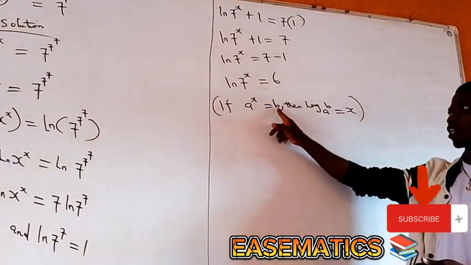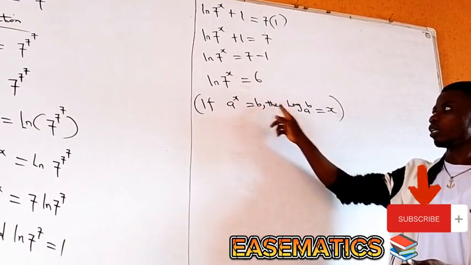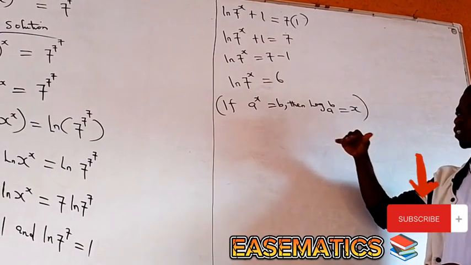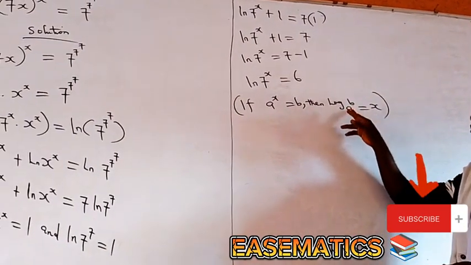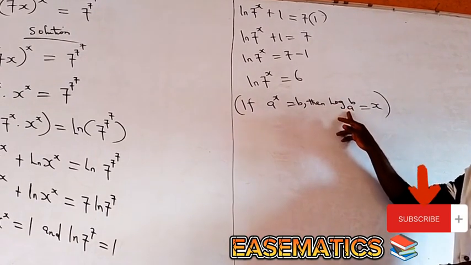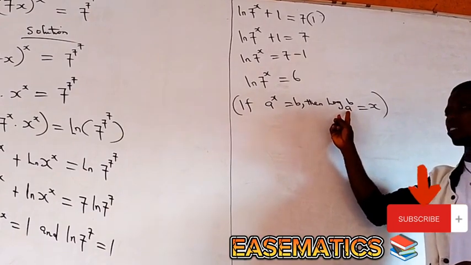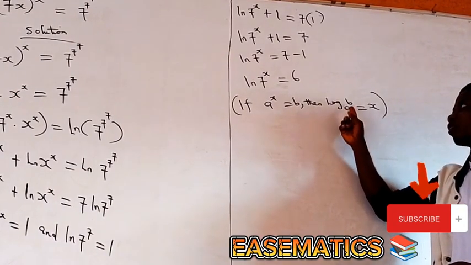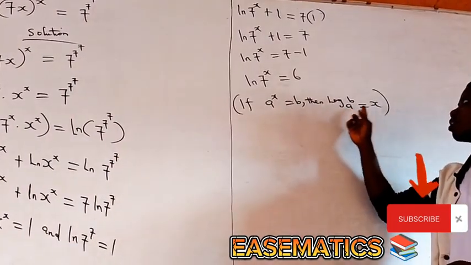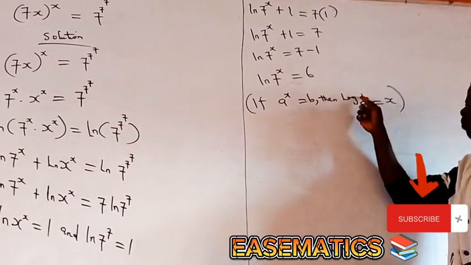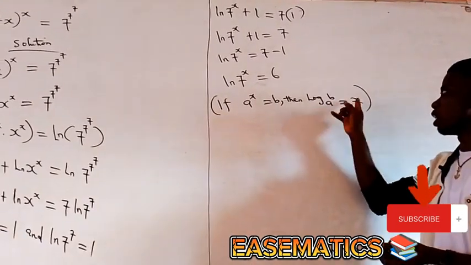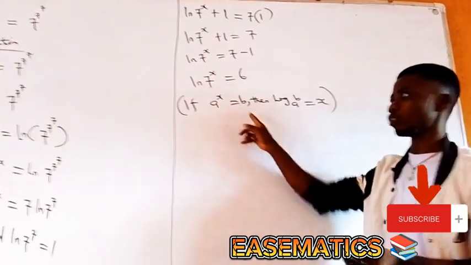If a to the power of x is equal to b, then log b base a is equal to x, which means log b base a asks how many times a is going to multiply itself, that is, raise itself to a power, to give you b. And here we are given that it is equal to x. That is what brought about a to the power of x is equal to b.